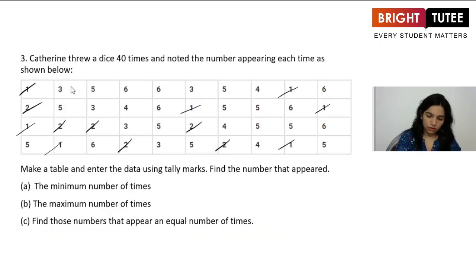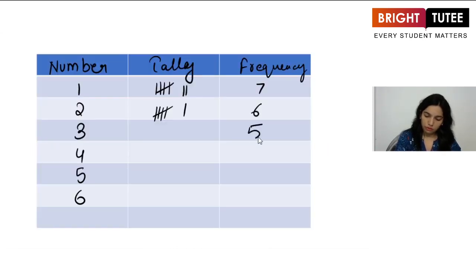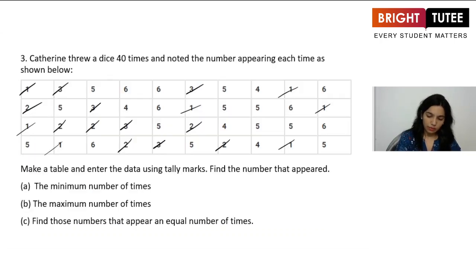Then we see 3. 1, 2, 3, 4, 5. So 5 times we have got 3 is coming. Then let's see how many times 4 is there. So it is 1, 2, 3, 4. So it is 4 times itself.